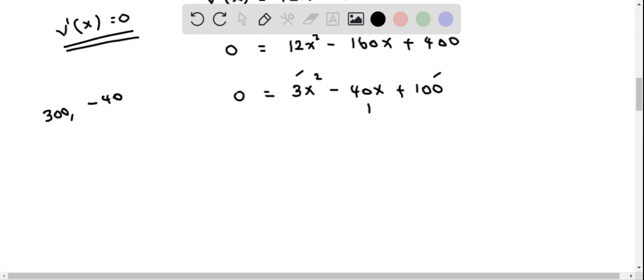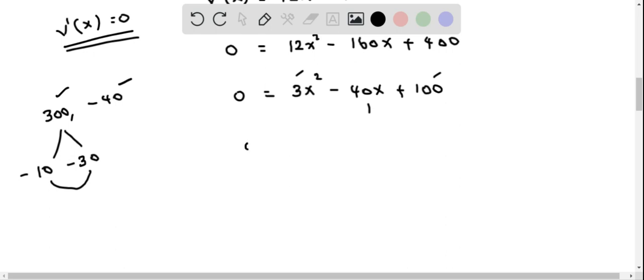So we can split the middle term. The two numbers which give a product of 300 and a sum of negative 40 are negative 10 and negative 30. So I'm going to split this negative 40x.